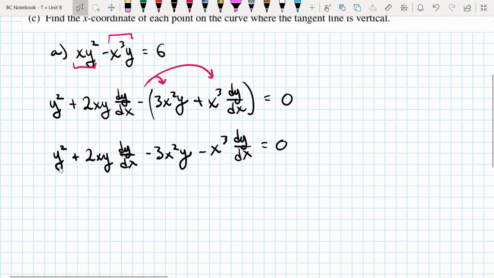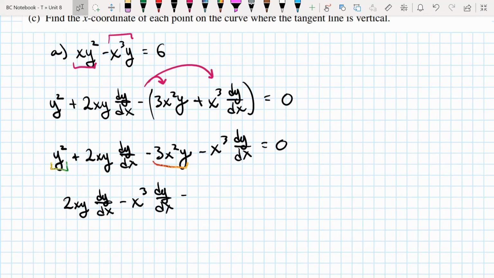So that's going to be this term right here and this term. So we have 2xy dy/dx minus x cubed dy/dx is equal to positive 3x squared times y and then minus y squared.